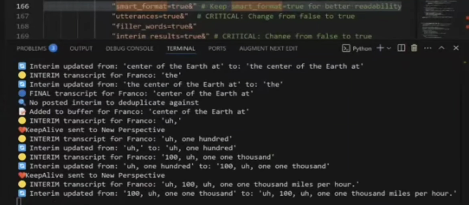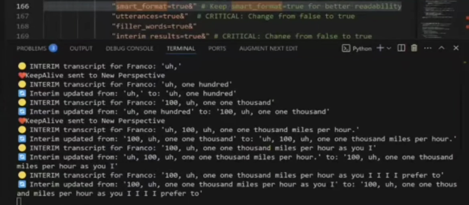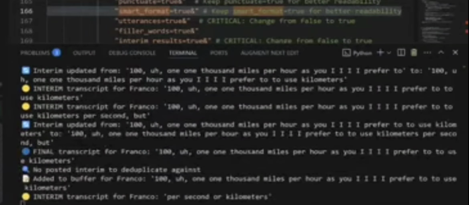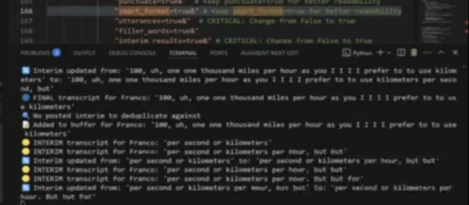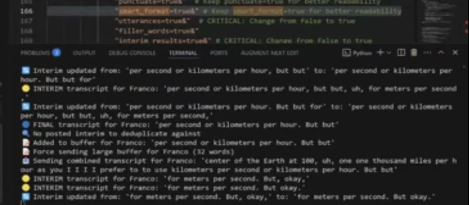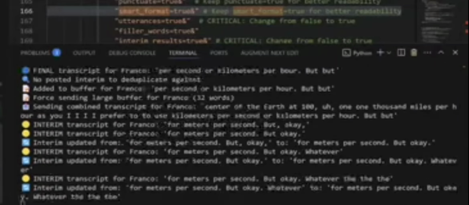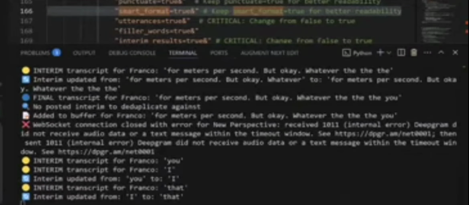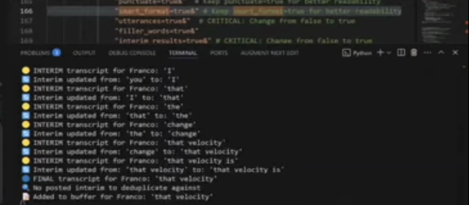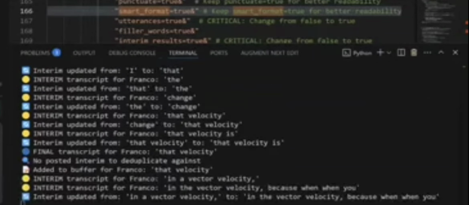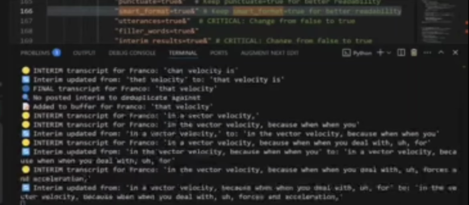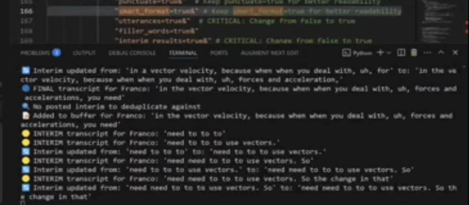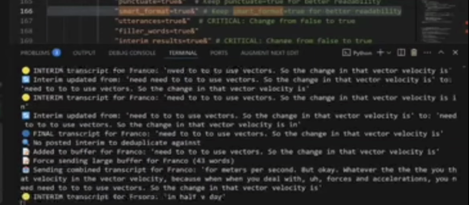1,000 miles per hour. I prefer to use kilometers per second or kilometers per hour, or meters per second, but whatever units you want to use, the change in that velocity, in the vector velocity, because when you deal with forces and accelerations you need to use vectors, is significant.